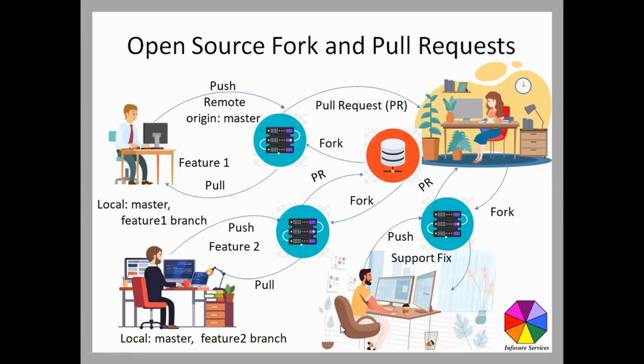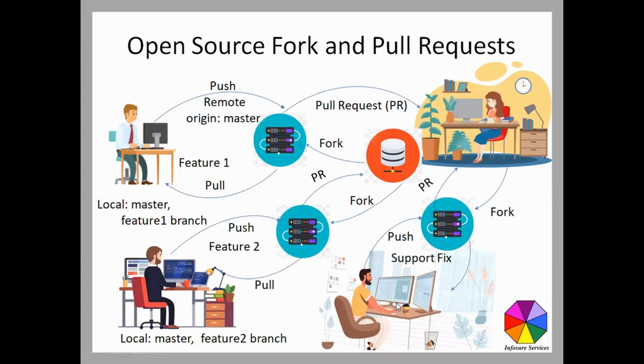Okay, so here is another support developer. He is doing some support fixes. He creates a pull request, or a PR. Once the pull request is approved, there is a merge. Okay, and at some point the version is moved to 1.5, whereas this guy wants the latest, so then he'll fork again.